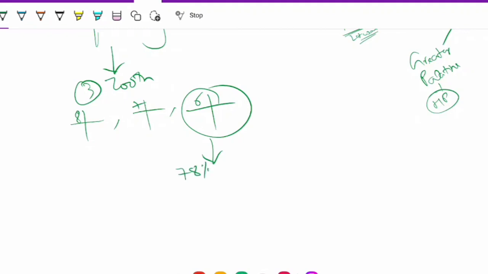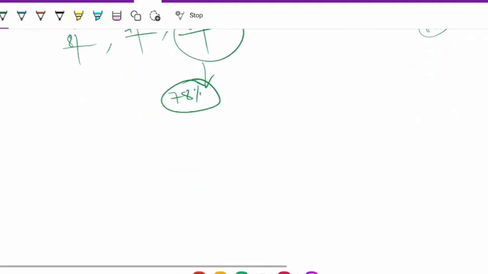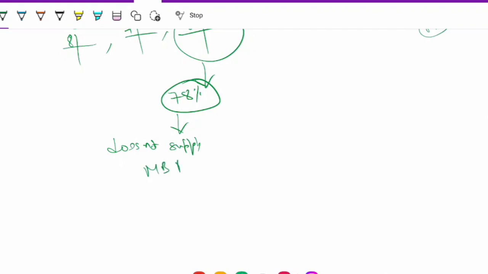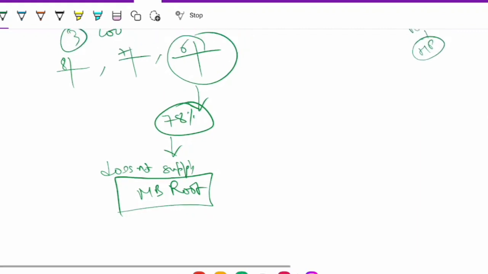In 78% of people, it does not supply the mesiobuccal root. So why is this detail important? Because while giving local anesthesia, it becomes additionally important to give an additional block at that local region so that your upper six gets completely anesthetized.